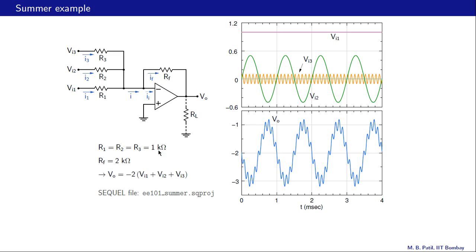The resistance values R1, R2, R3 are chosen to be equal 1K, and RF is chosen to be 2K. So if we substitute these values in our previous expression, we end up with VO equal to minus 2 times Vi1 plus Vi2 plus Vi3.